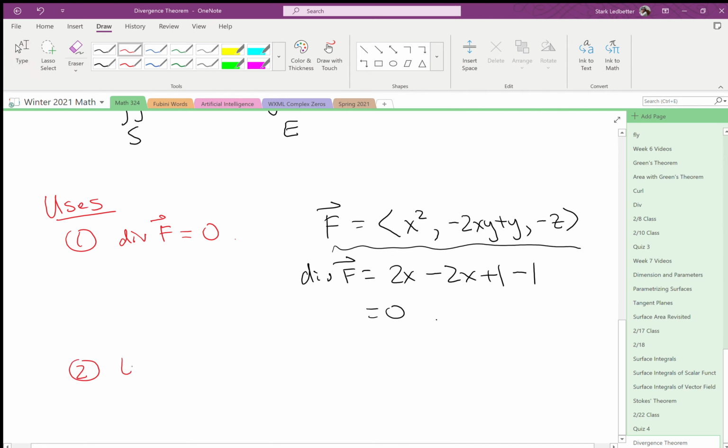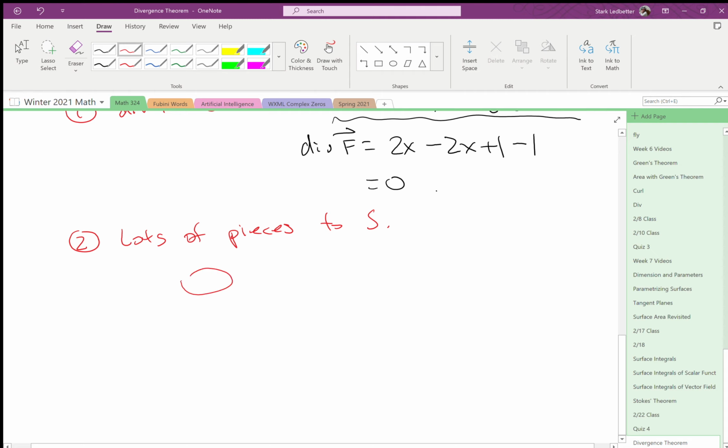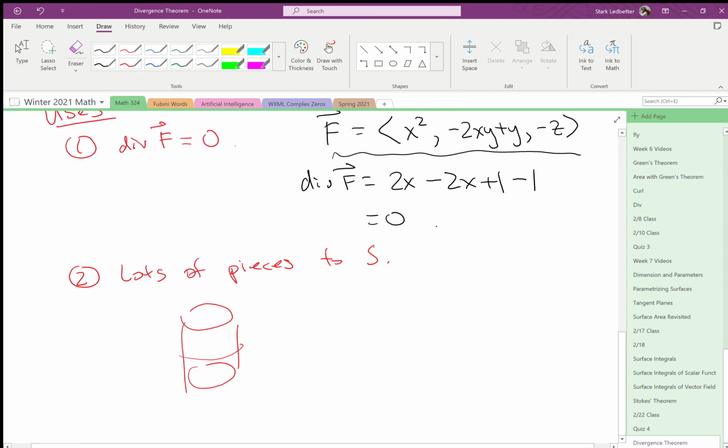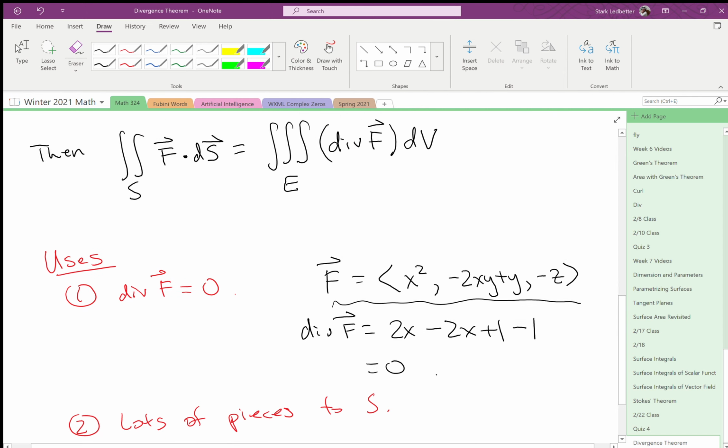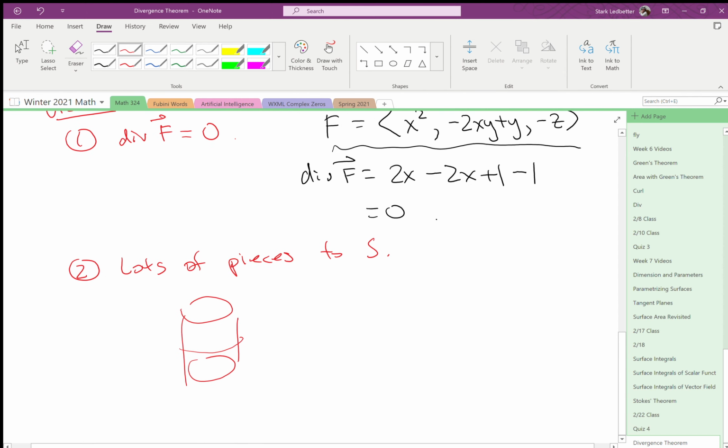Another nice use is if you have lots of pieces to S. A sphere isn't so bad, you can parameterize it all at once, but let's say you had a cylinder. It's not terrible, but you have to do the top, bottom, and then this round piece in three separate integrals. Whereas if you changed it to a triple integral, you're integrating inside the volume of a cylinder, and we've been able to do that in one integral.